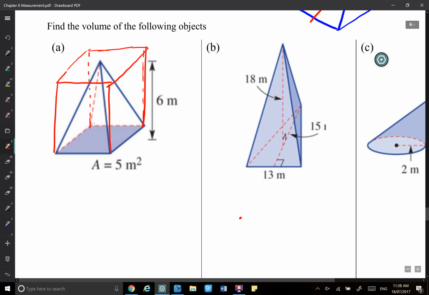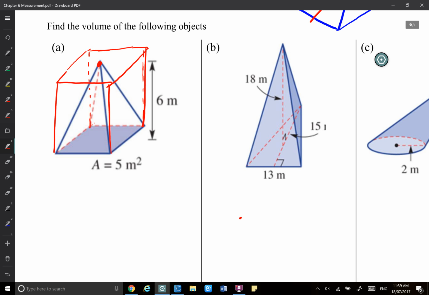Okay, can you see that? That is the middle of the square here. So that's the relationship. Let's say I said a third of the relationship.